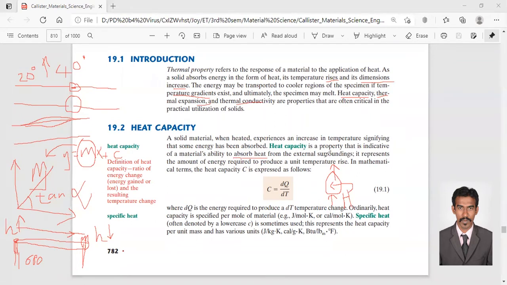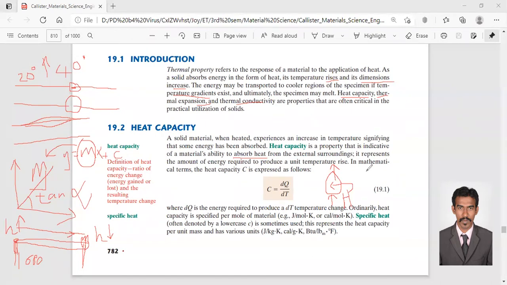External surrounding means you are providing some heat. The heat is not generated by the material, but you are providing it. Heat capacity represents the amount of energy required to produce a unit temperature rise, right?